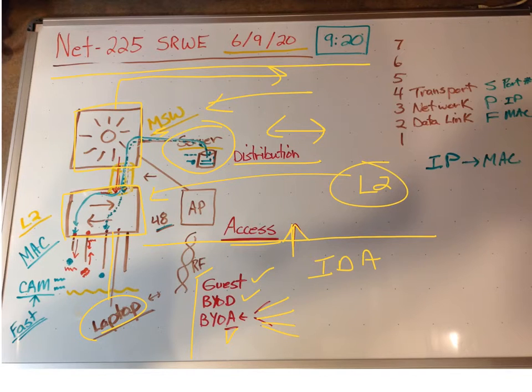Okay, so how does the switch manage this? We hook up a laptop or a device. The switch remembers the MAC address, puts that in content addressable memory, which is really fast. And so these ports remember which MAC addresses went through.